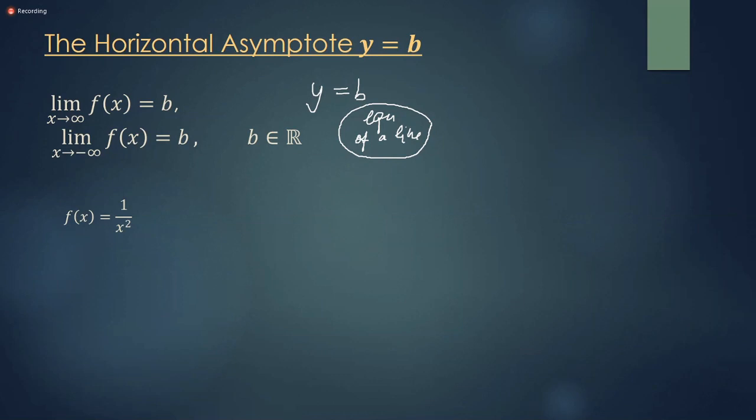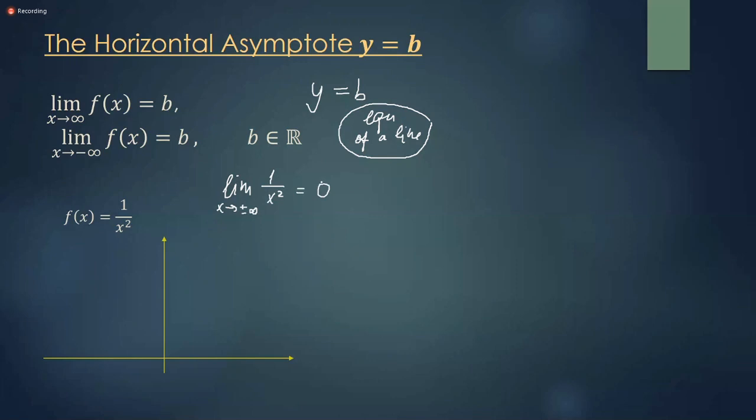For example, the function 1 over x squared, we could think of graphs, for instance, but on the other hand, we can understand that the limit of 1 over x squared, when x tends to positive or negative infinity, is 0.